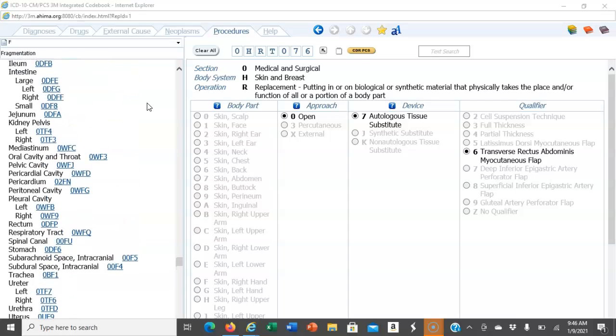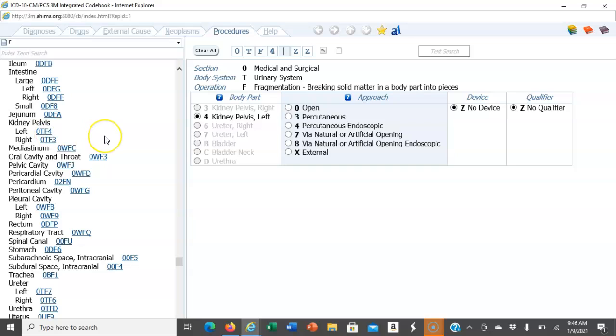And so obviously you're going to be looking at the documentation that provides you with the exact location. Many times this approach is external and there's no device and no qualifier. And of course you'll use the documentation that you're coding from to determine that.